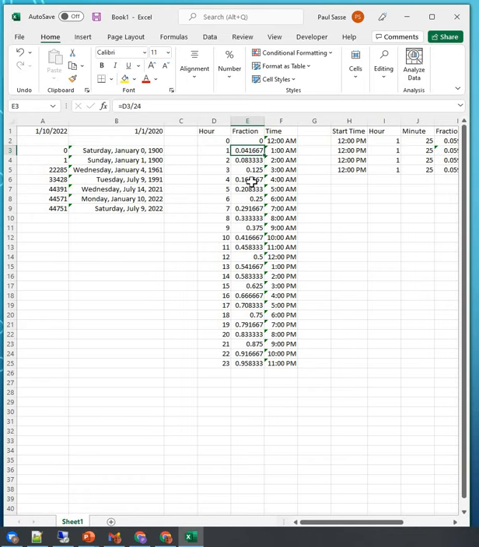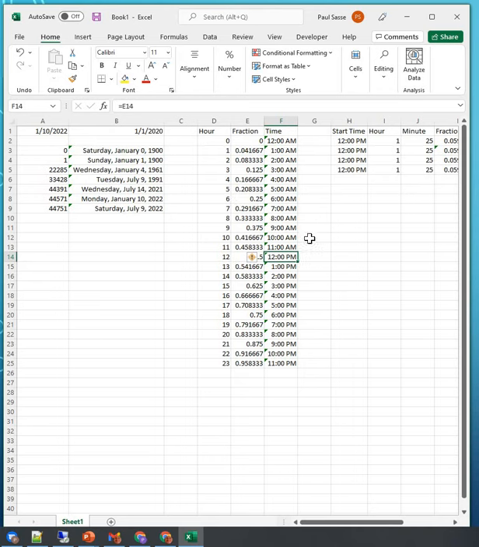So that fraction of the day has passed, and then here again I just did a reference, so that's 1 a.m. Okay, so the way Excel deals with time is the fraction of the day that has passed. So at 6 a.m., a fourth of the day is over. At 9 a.m., that's 3/8 of the day is over. 12 noon, half the day is over, etc. So that's how Excel deals with time.